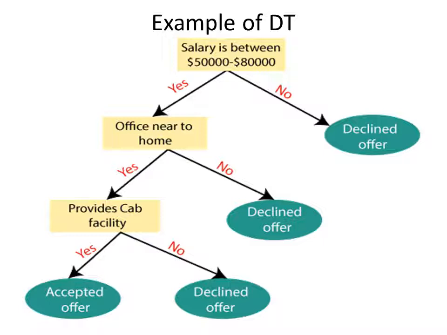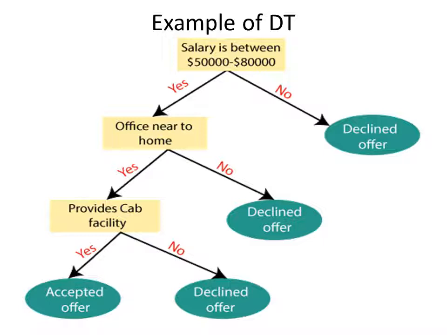Example of decision tree. So we have taken one example for decision tree, how to construct the decision tree. A person decides whether to accept the job offer or not, based on some criteria.